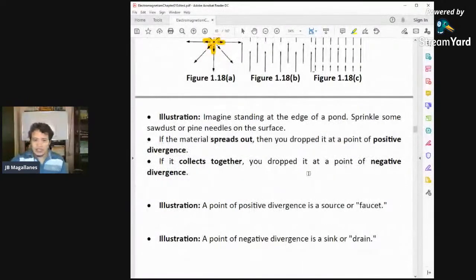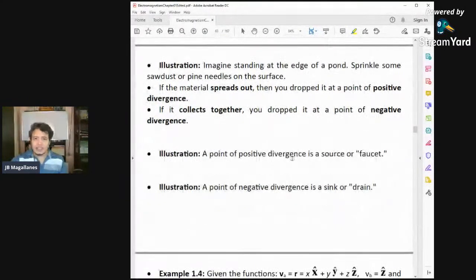So there's an illustration for that. Imagine standing on the edge of a pond and sprinkling some sawdust or powder on it. If they spread and you want to measure the divergence, you just get the del of the vector.